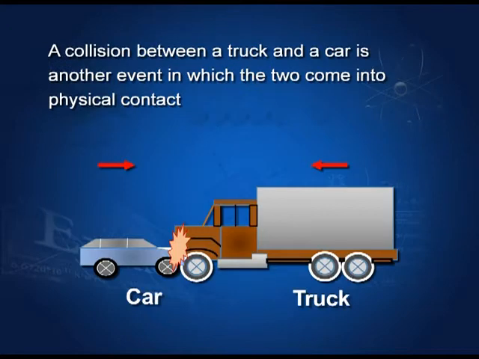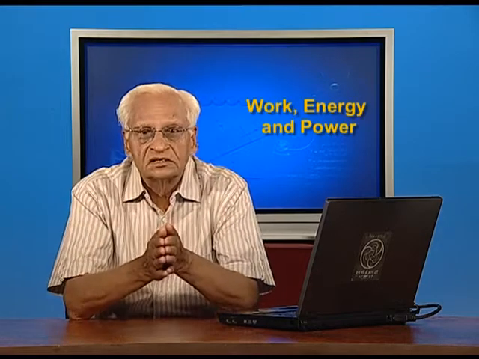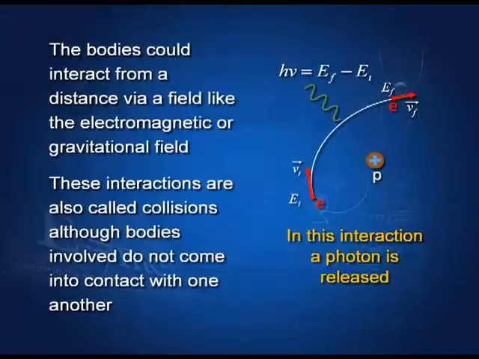A collision between a truck and a car is also such that these two bodies come into contact with one another. However, there are collisions like the collision between a proton and an electron, in which the particles do not touch one another, they interact from a distance, they interact through a field.